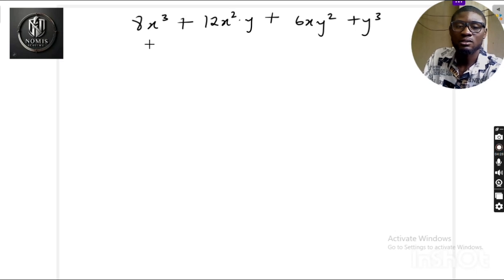So our final answer is 8x cubed plus 12x squared y plus 6xy squared plus y cubed.